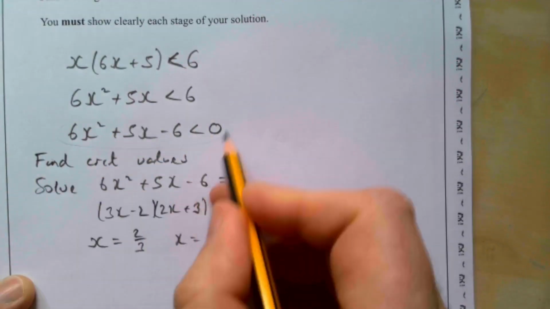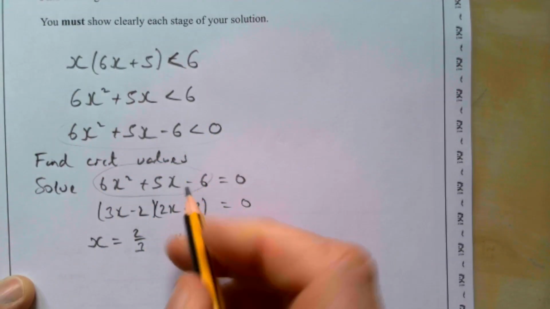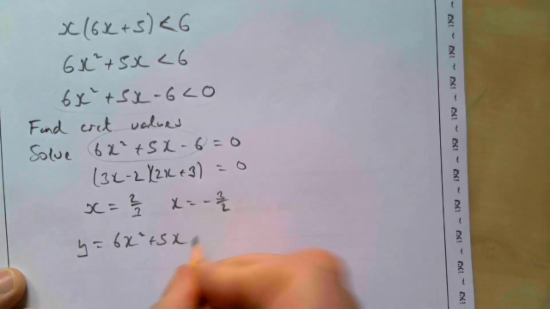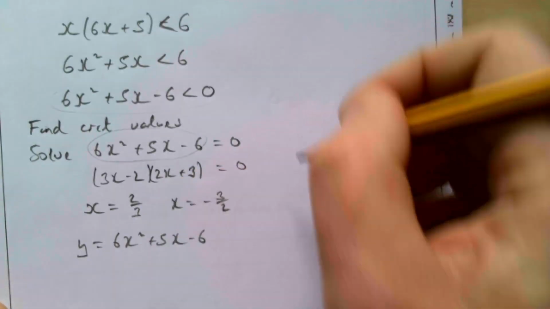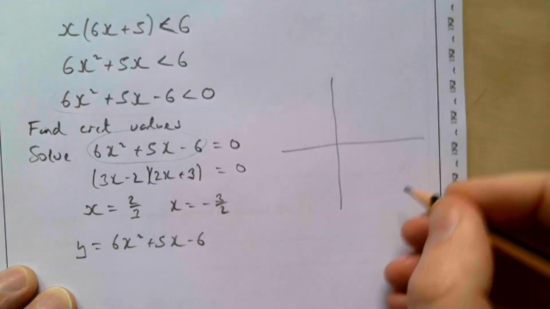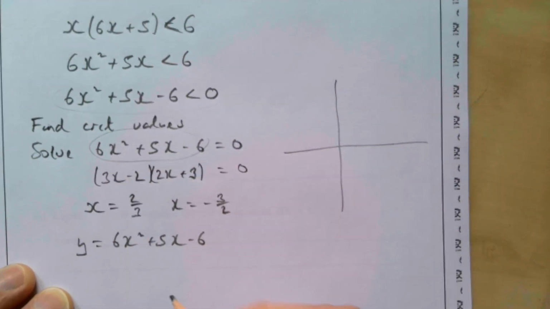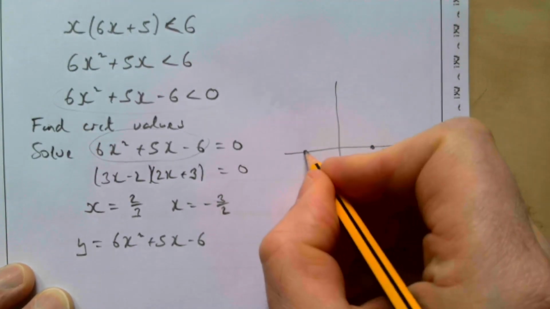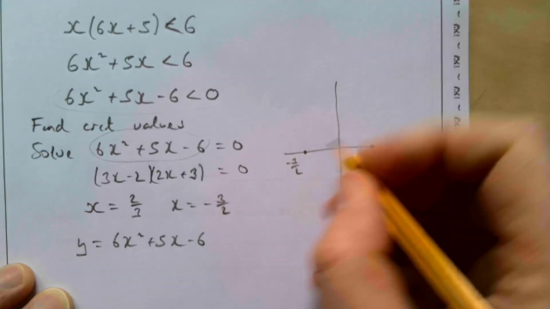So if we get an idea then of the sketch of y equals 6x squared plus 5x minus 6, there are other methods here. Some people like to use a wee table with pluses and minuses, but it's a U shape because it's a positive x squared. It crosses at 2/3 and it crosses at minus 3 over 2.